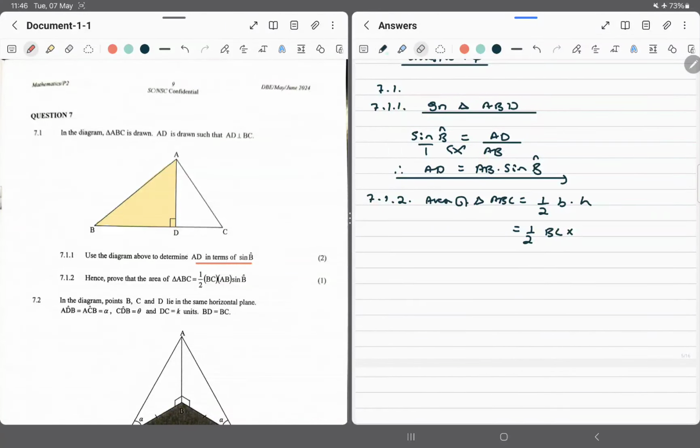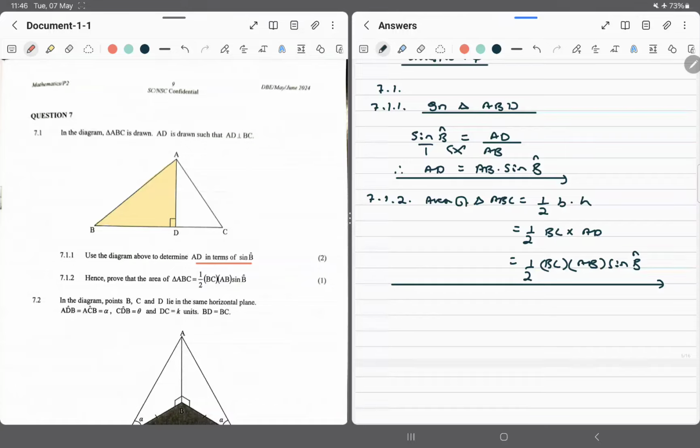Perhaps we can say AD, which is going to be half BC into AB sine B. That's done. So the area rule is proven like this.